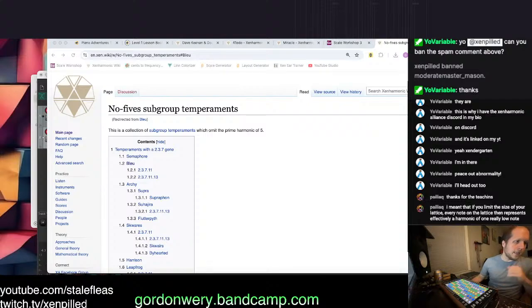So anytime you do a lattice, you're basically not doing primodality. A lattice would almost be bad for a primodal scale, because you would have one point and just single lines coming off of it.